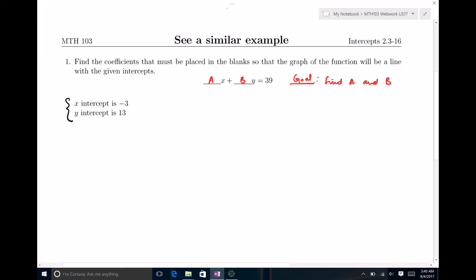But before we begin, let me just draw a quick picture of what this line looks like. So here's a line that has x-intercept -3, so -3 is a point here, and it has y-intercept 13, so 13 is a point here, and so the line somewhat looks like this.